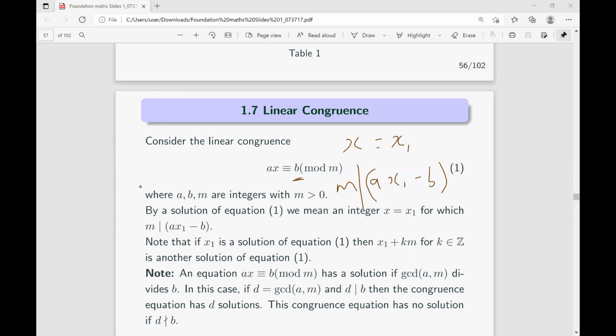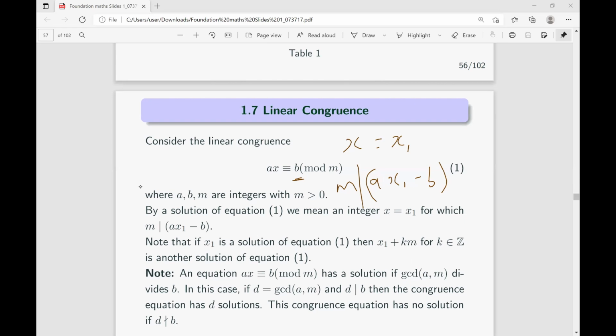Now, I've also said something here. Note that an equation AX congruent to B has a solution only if the GCD of A and M divides B. If the GCD of A and M divides B, then this equation has a solution.